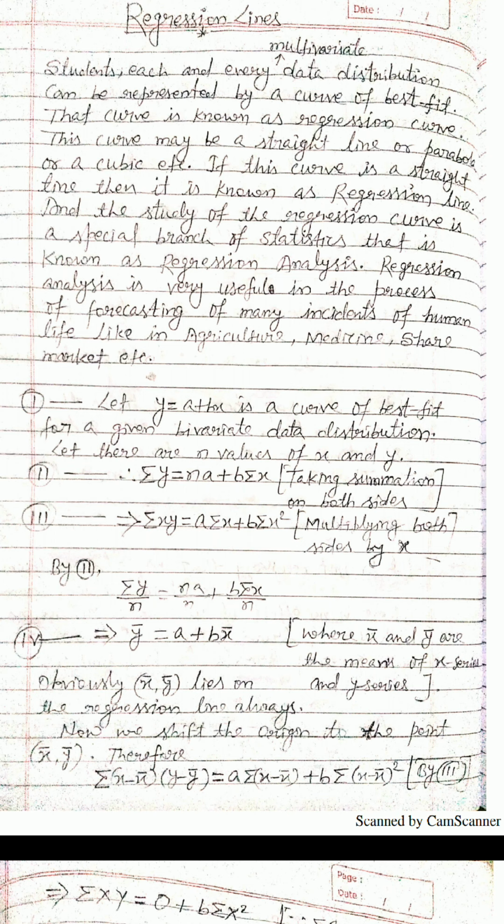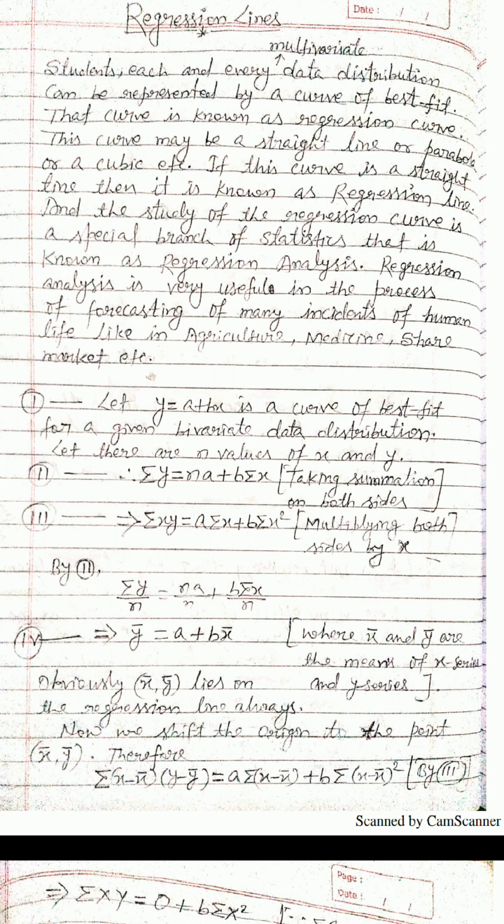So far we know that the regression line can be obtained for any multivariate distribution. If the regression curve is a straight line, then we get the regression line.